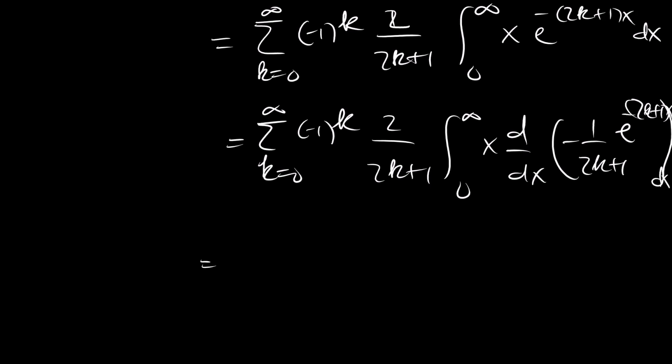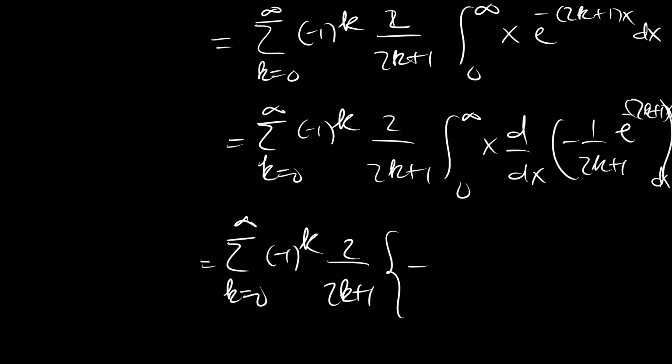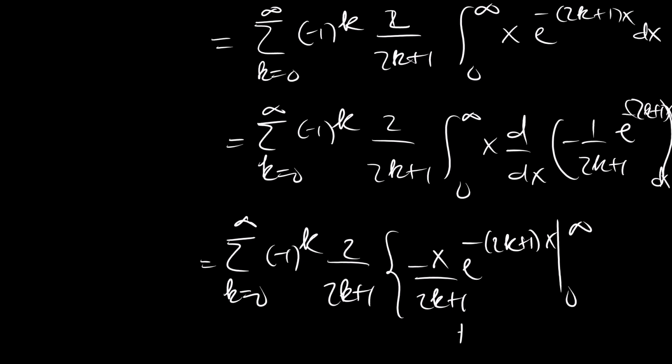Using integration by parts again, we have negative 1 to the k, 2 over 2k plus 1, and negative x over 2k plus 1 e to the power negative 2k plus 1 x from 0 to infinity, plus 1 over 2k plus 1 times the integral of e to the power negative 2k plus 1 x times the derivative of x.